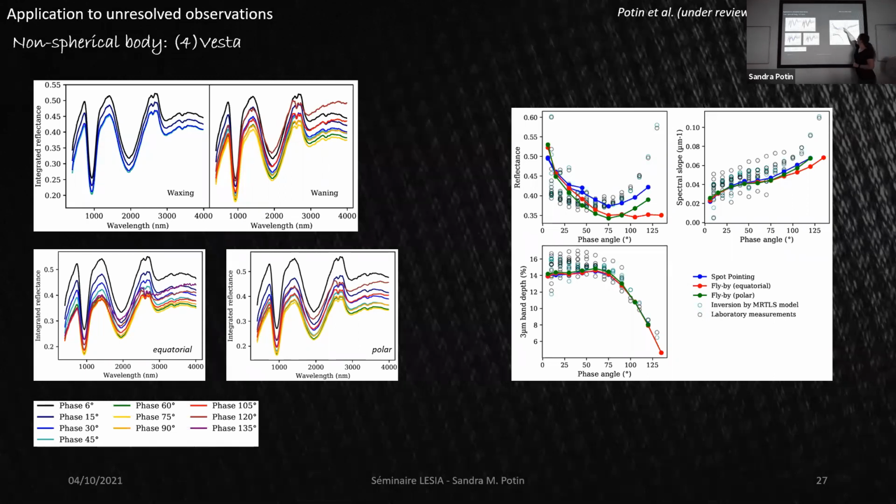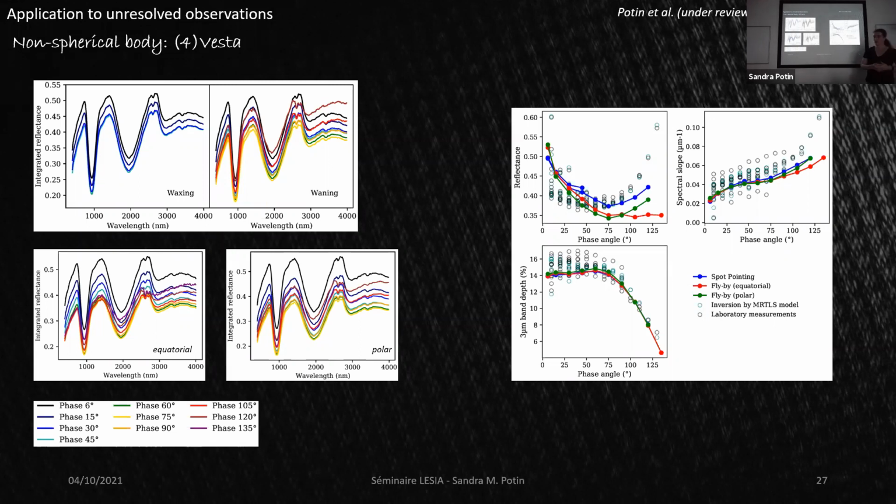You can see here the phase curve from the spot pointing in blue, from the equatorial flyby in red, which is drastically different, and the polar flyby here. It's the same object, the same surface, but we end up with 3 different phase curves only because we change the direction of illumination and the direction of observation on our object.